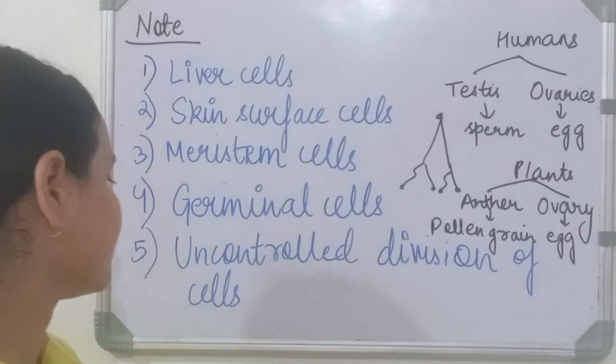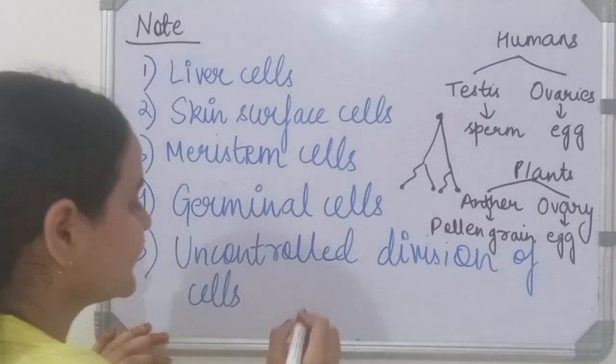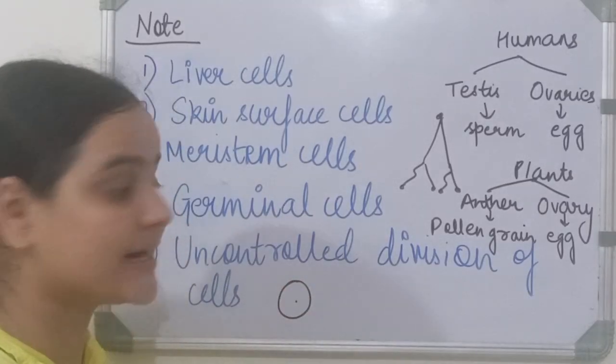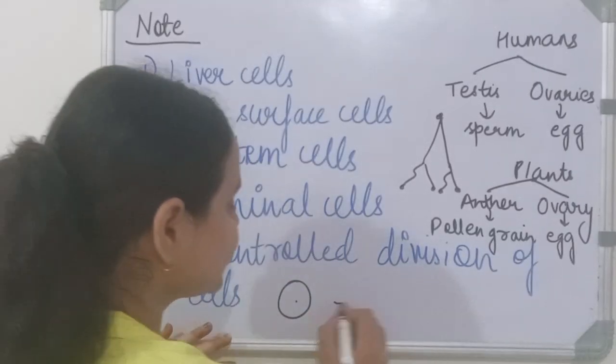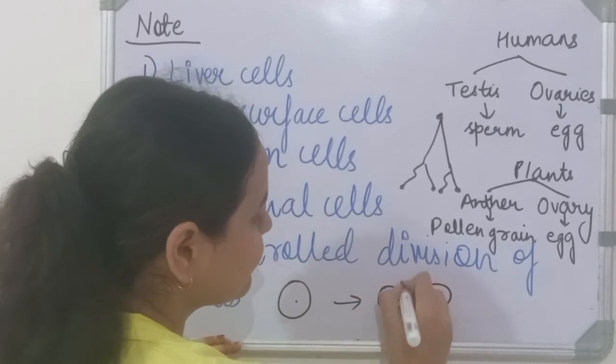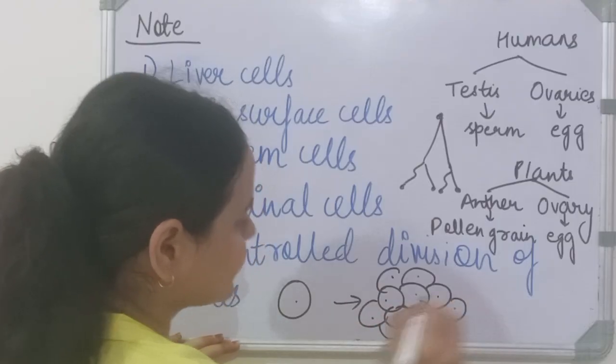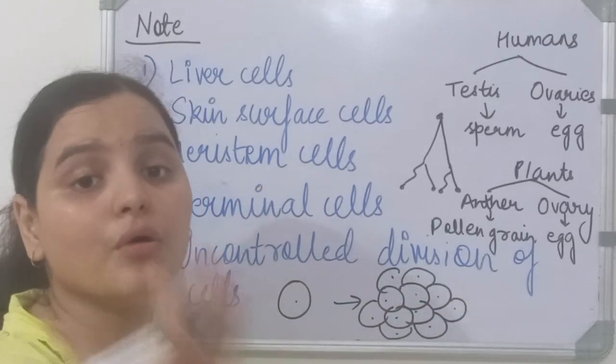Okay, now next is uncontrolled division of cells. Suppose this is a cell, and instead of just dividing into two cells, this cell divides and forms an uncontrolled mass of cells. The division is happening in an uncontrolled manner.